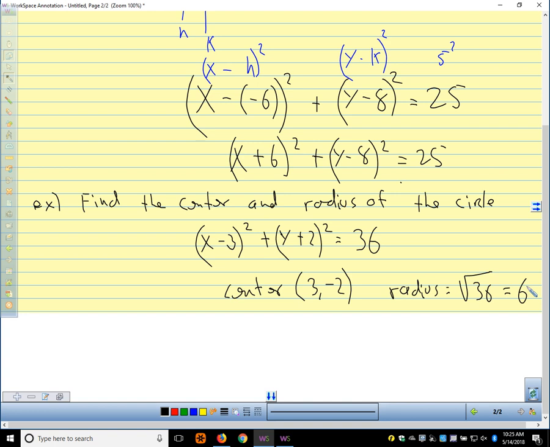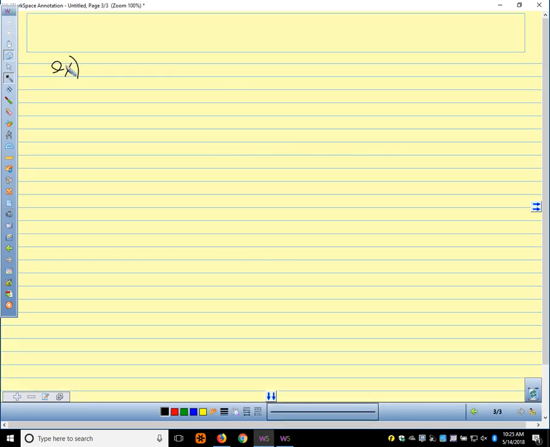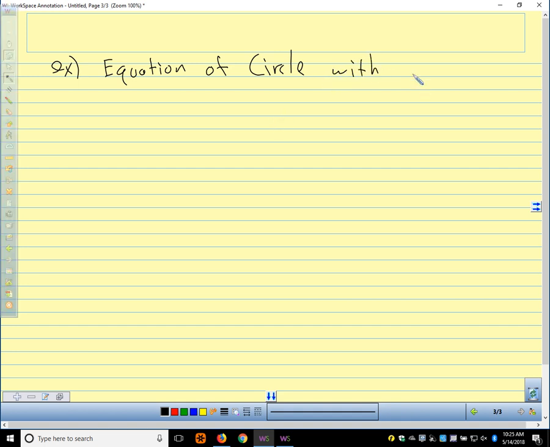All right, let's look at one slightly different example, and then we'll be done. We want the equation of the circle with a center at 4, 2 that goes through 2, negative 3.